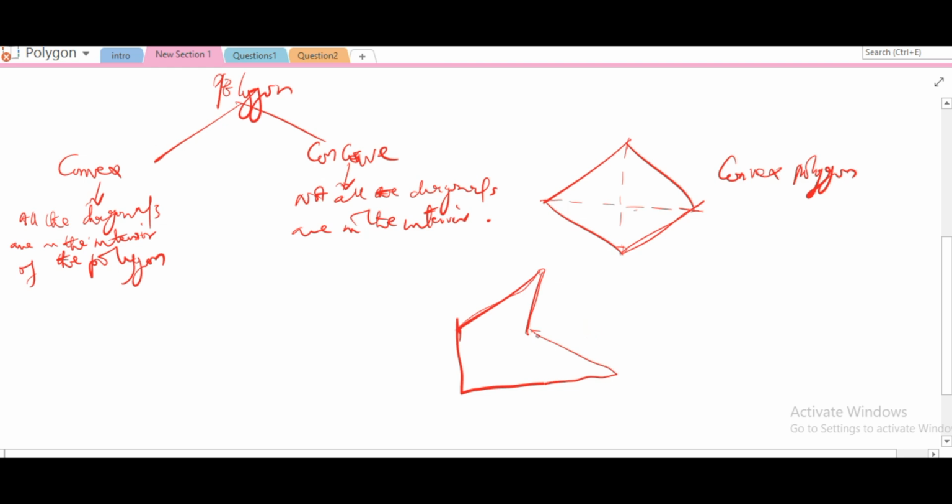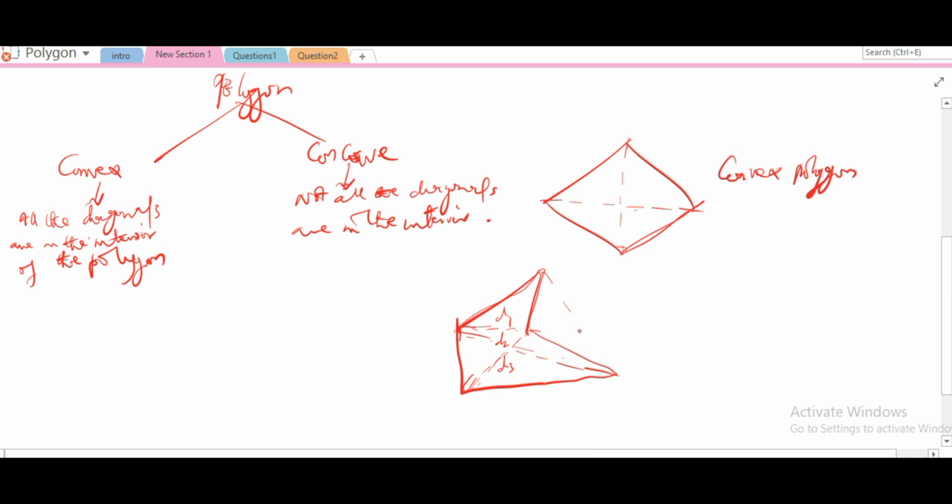This is a concave polygon, because though this diagonal is inside the polygon, this is also inside, this is also inside. This is diagonal 1, diagonal 2, finally diagonal 3.